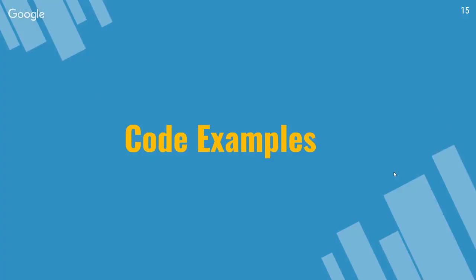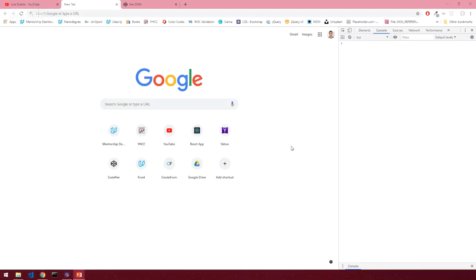And now, enough of theory. Let's look at some code. So I'll go out of the presentation, and here you can see the Google homepage. Let's first see what the document object is. Let's open DevTools and see how we can interact with the DOM.